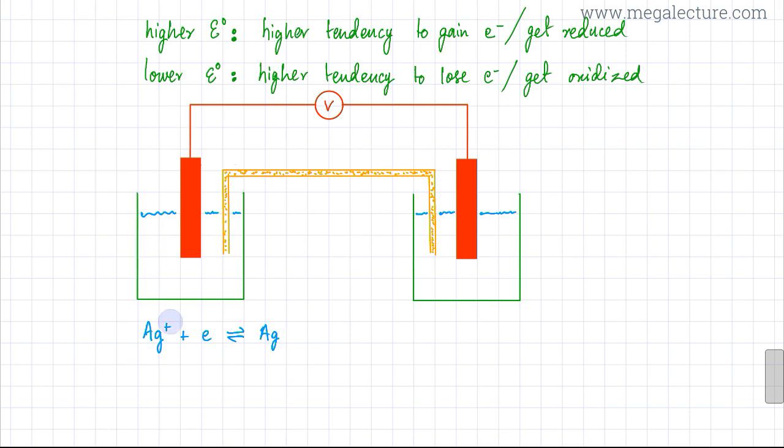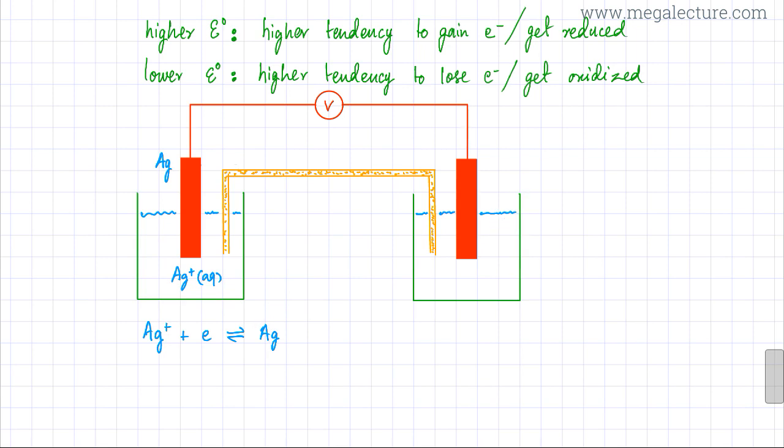So you have silver ions in aqueous state in the solution, and this electrode is made out of solid silver metal. So there's an equilibrium established on this left-hand electrode where the ions are gaining electrons and the metal is losing electrons.